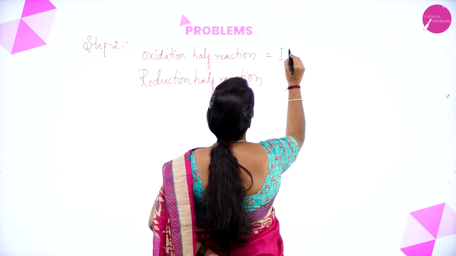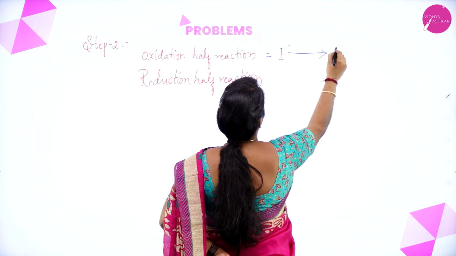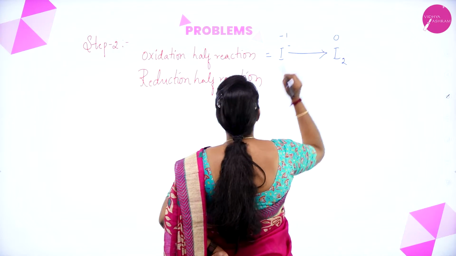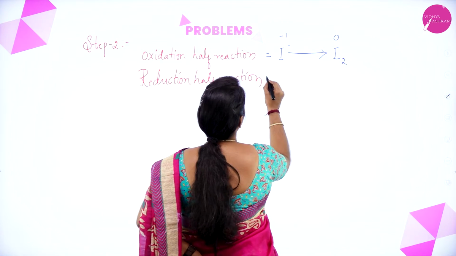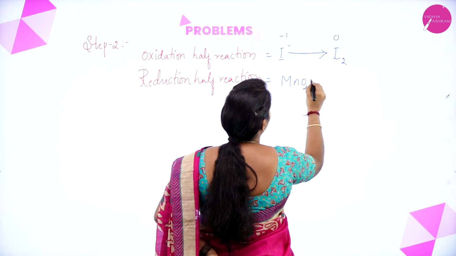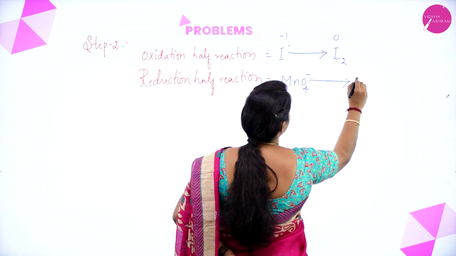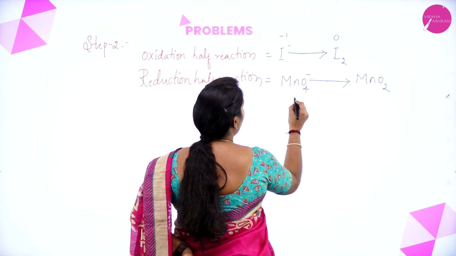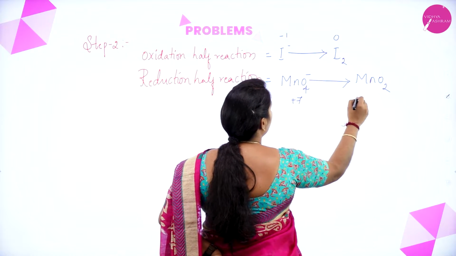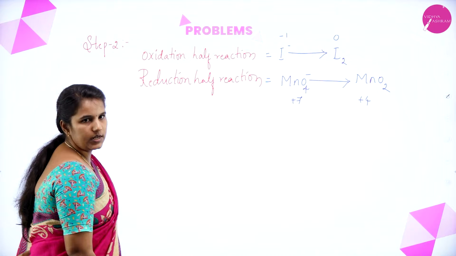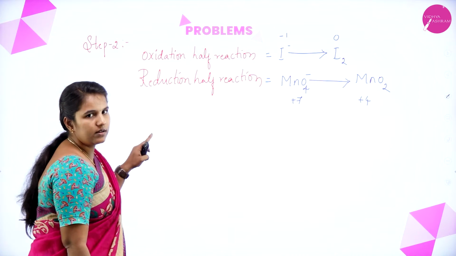Oxidation means I- gives rise to I2. Is it right? From -1 to 0 oxidation state. Whereas in the reduction, MnO4- gives rise to MnO2. This one is in the +7 oxidation state and this one is in the +4 oxidation state. This is how we need to split the reaction.